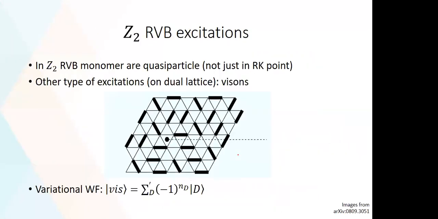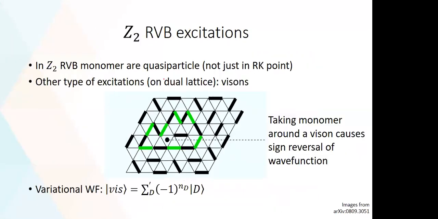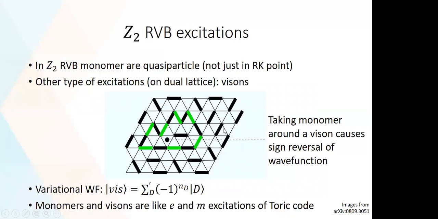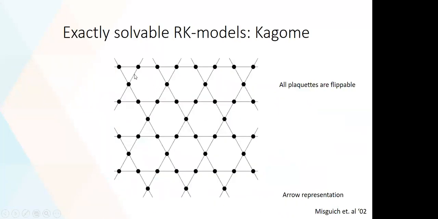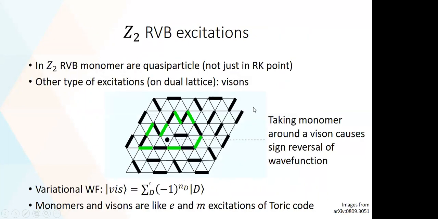So these are the two quasi-particle excitations of the Z2 RVB. And is this true only at the RK point, or also away from it?